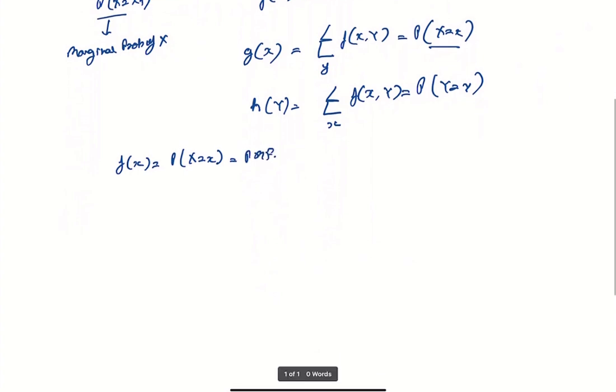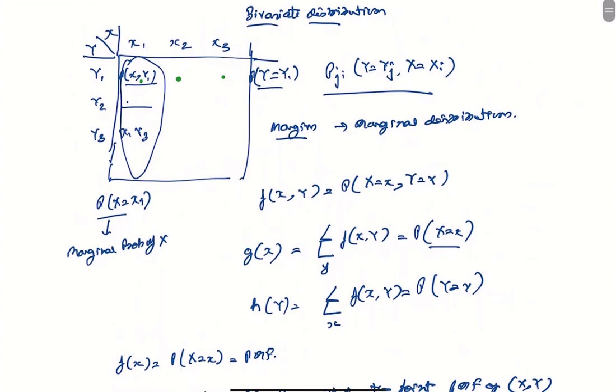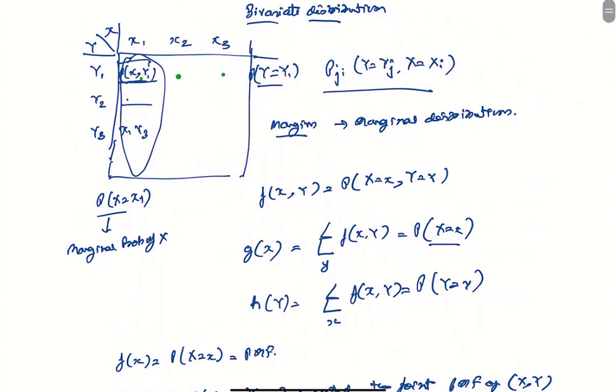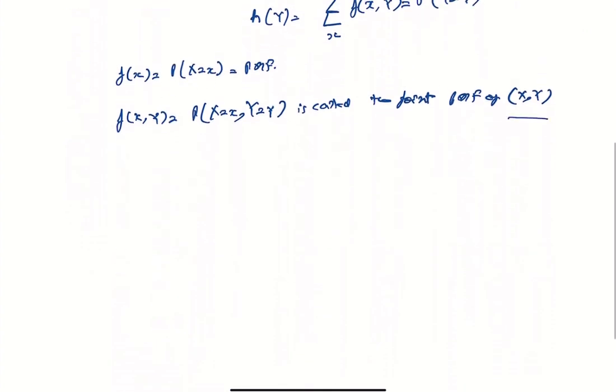For a pair of random variables, f(x, y), the probability of x is equal to x and y is equal to y, is called the joint PMF of x and y. So the joint PMF of x and y is just this: the probability of x is equal to little x and y is equal to little y.